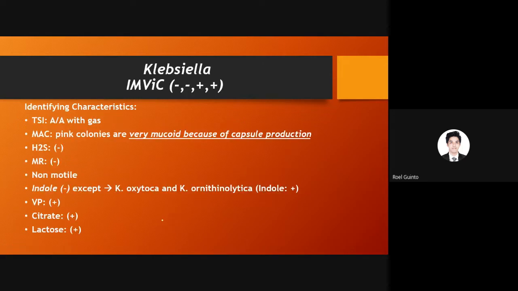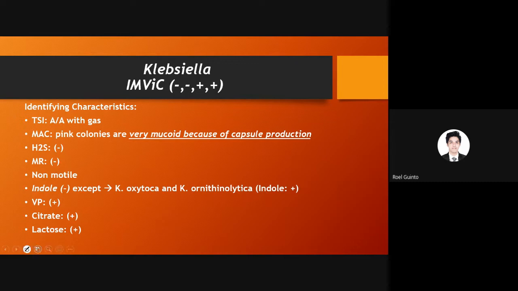Next, we have Klebsiella. The IMViC reaction for Klebsiella is negative, negative, positive, positive. So the identifying characteristics of Klebsiella in TSI is A over A and produces gas. So in MacConkey produces colonies, but the colonies are mucoid because of the capsule production.